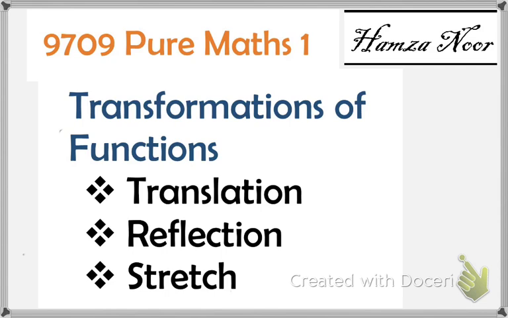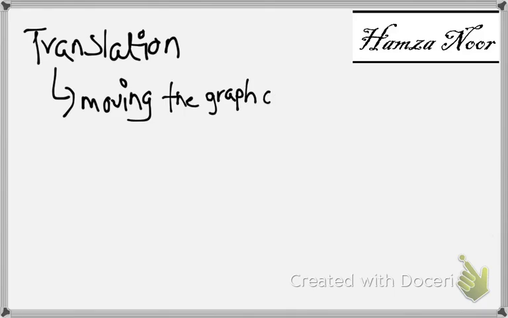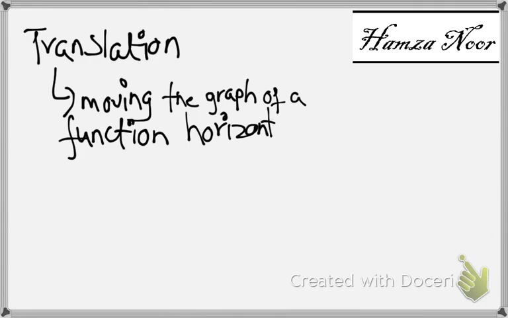So the first one is translation. What does translation mean? This means moving the graph of a function horizontally or vertically.